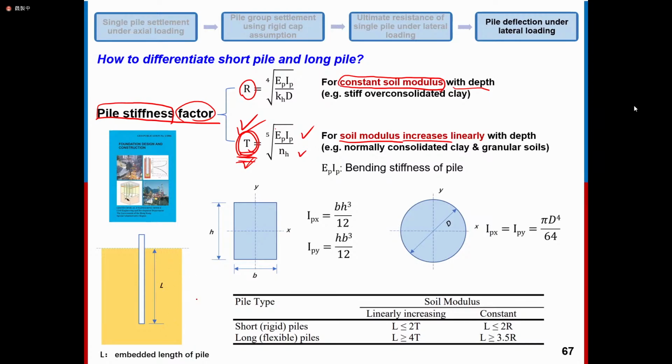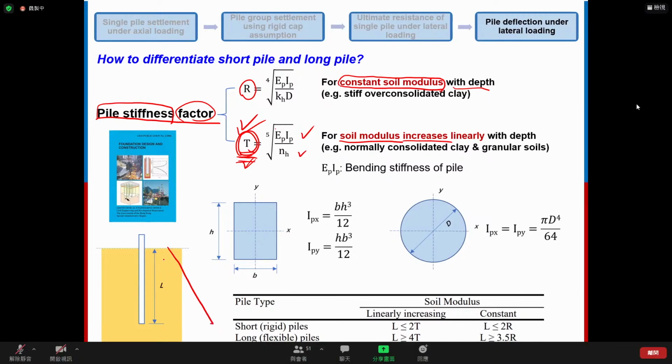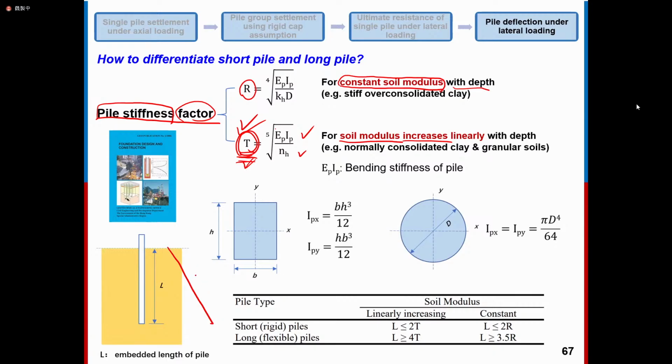If we plot the self-weight curve, it will keep increasing, gamma H. With the increase of H or Z, the sigma V, the vertical stress due to the self-weight, will keep increasing. So the soil will become stiffer, so the soil modulus keeps increasing. This is for the normally consolidated clay or granular soil.